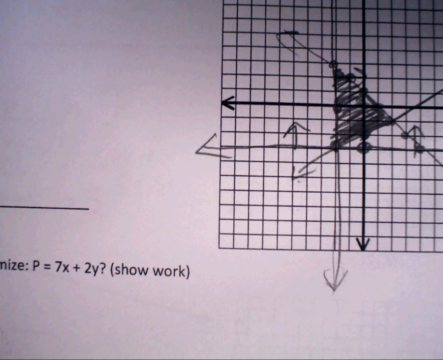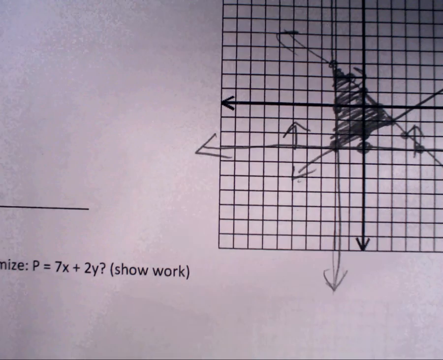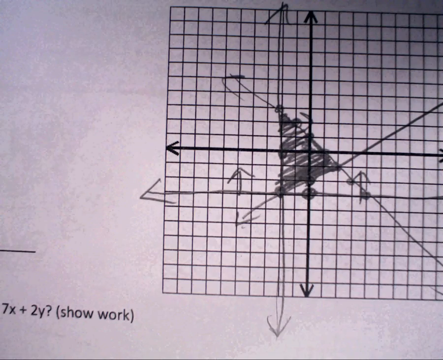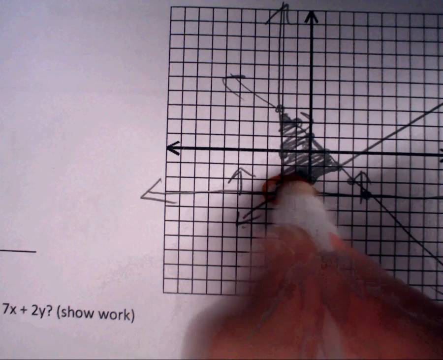Let's see, I'm trying to make sure I graphed everything right. Not sure why I said 4 corners. It looks like a 3-sided figure.